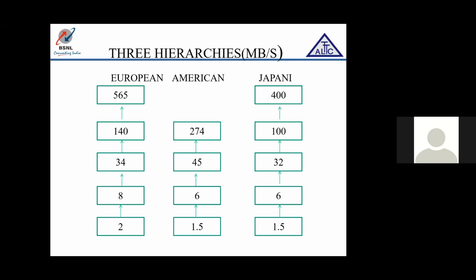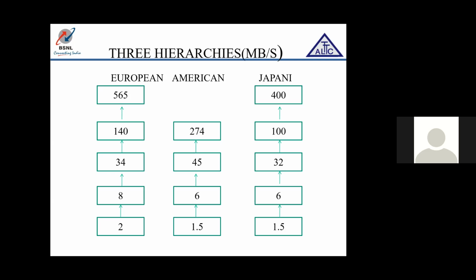When a packet from Europe that is having a size of 560 Mbps arrives in America, no such telecom standard exists. So we have to install some interfacing devices. That causes delay and more hardware. So the problem was the lack of a global standard. Before SDH, no global standard was there.